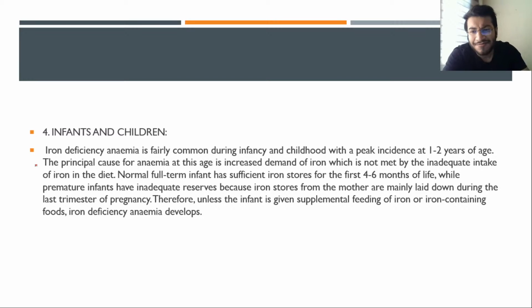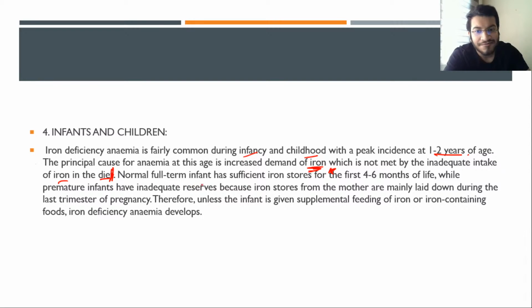Infants and children. Iron deficiency anemia is fairly common during infancy and childhood, with the peak incidence at 1 to 2 years of age. The principal cause of anemia at this age is increased demand of iron, which is not met by inadequate intake of iron in the diet.